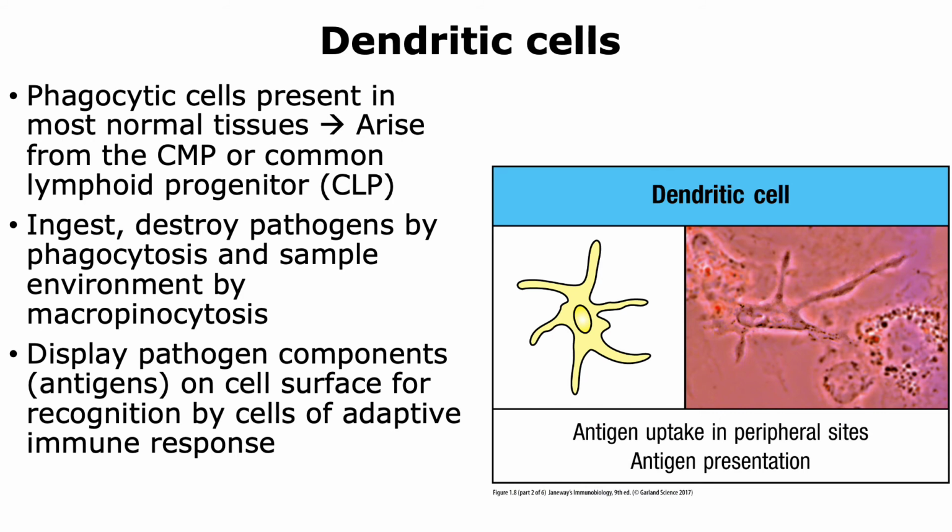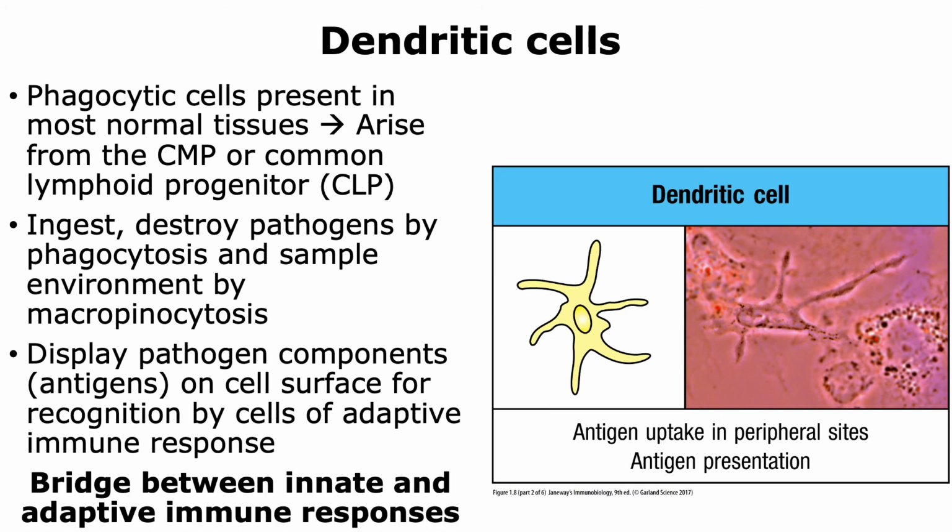And these antigens are then recognized by cells of the adaptive immune response. Thus, dendritic cells play an important role in both innate and adaptive immune responses. And that is why it is thought that dendritic cells act as a bridge between innate and adaptive immune responses.